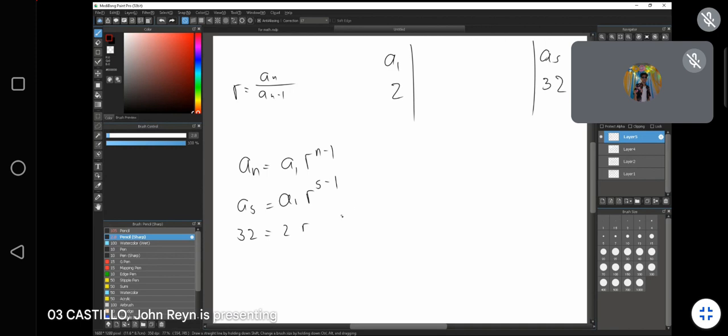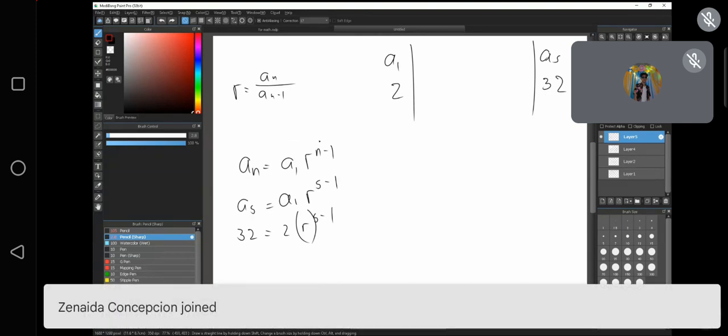We don't know r, so we'll just put it as r, raised to 5 minus 1. Let's put a bracket there. You always check the patterns, okay? n should always be the same in the subscript and your power or exponent. They can't be different, Stephanie. Okay, go.